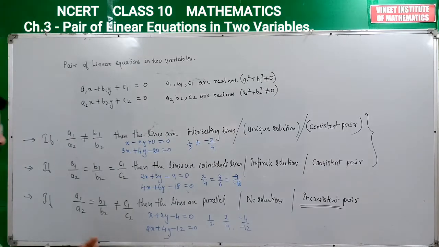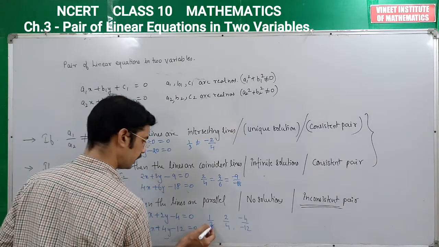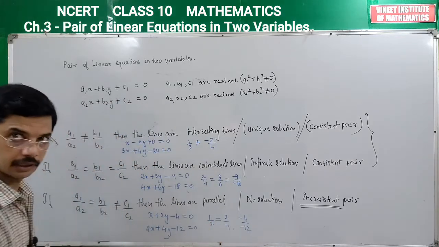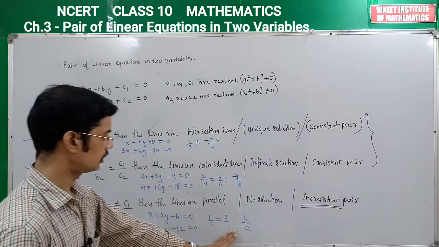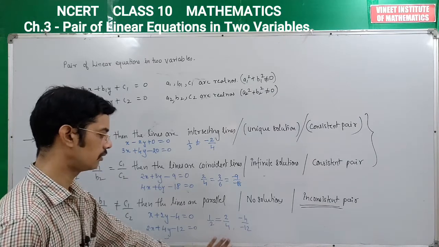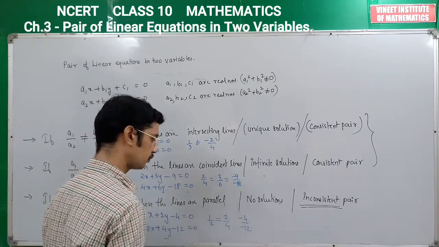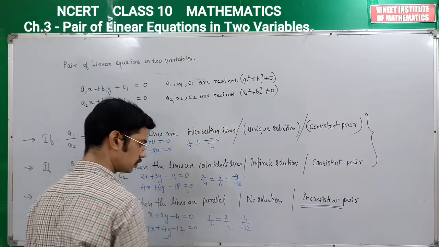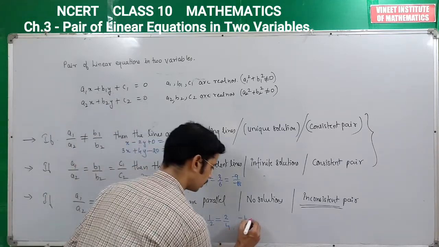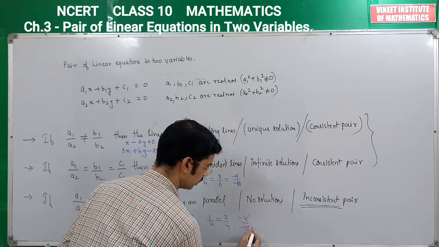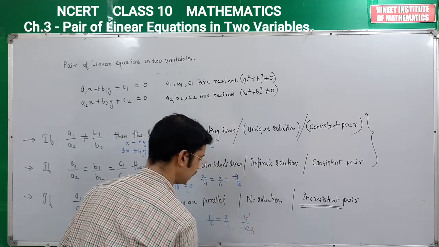Here we can observe that 1 by 2 and 2 by 4 are equal. Both of them are equal, and the simplest form is 1 by 2. Now when I simplify minus 4 by minus 12, I get 1 by 3.